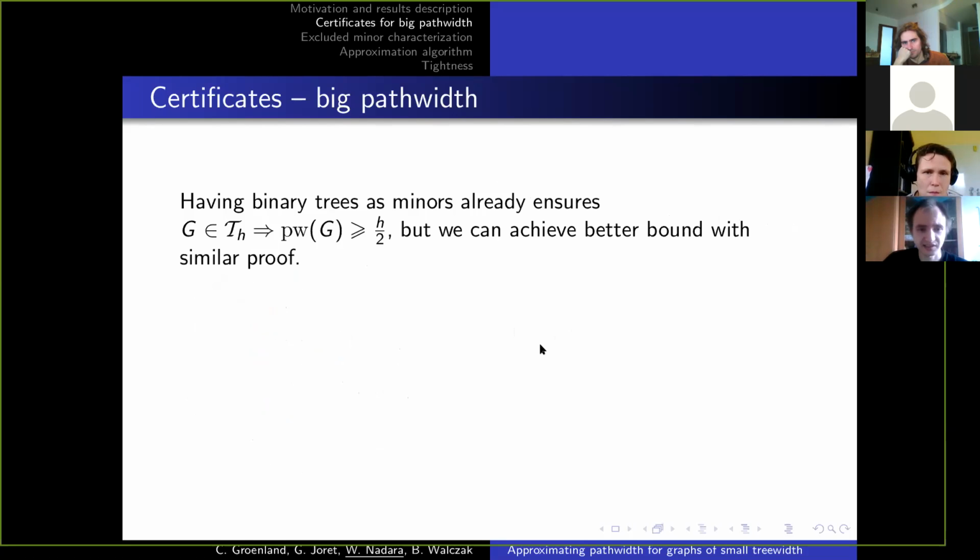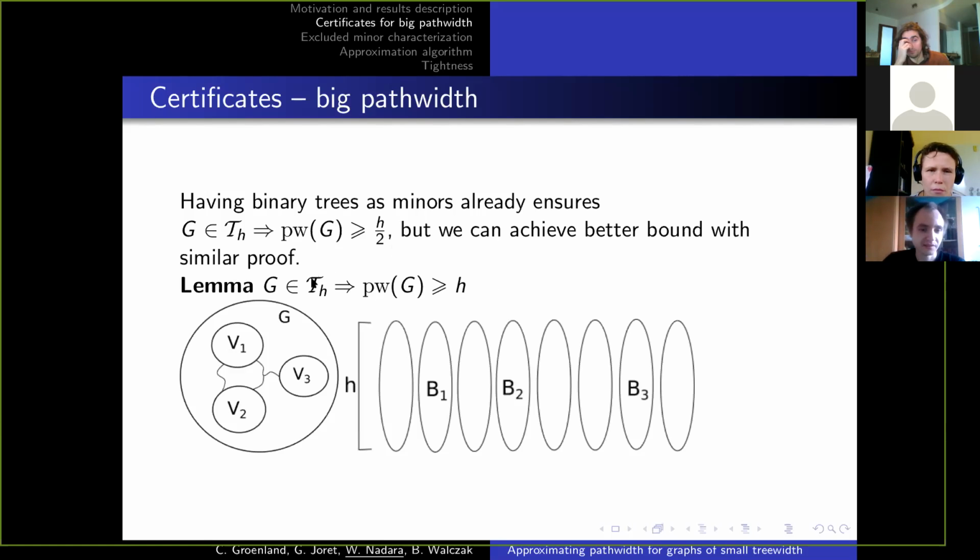Actually, having big complete binary trees as minors already ensures that pathwidth is at least h/2, but we can achieve a better bound with a proof very similar to the proof that binary trees have big pathwidth. Specifically, we want to prove that if a graph belongs to T_h, then its pathwidth is at least h. And we're going to do that by induction as well.